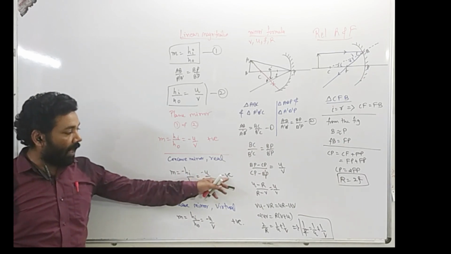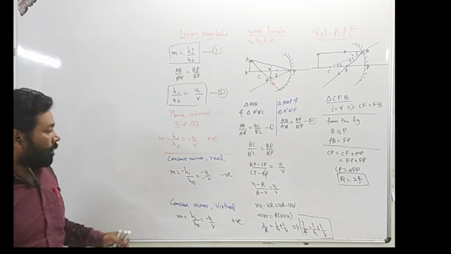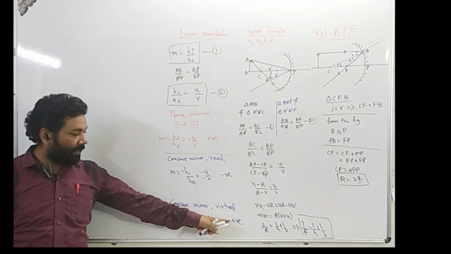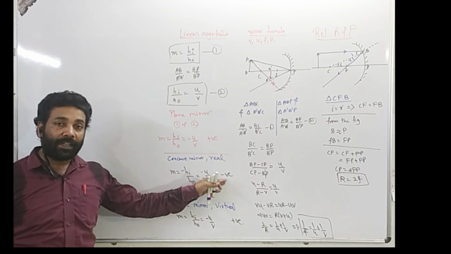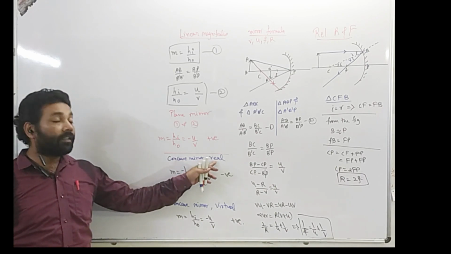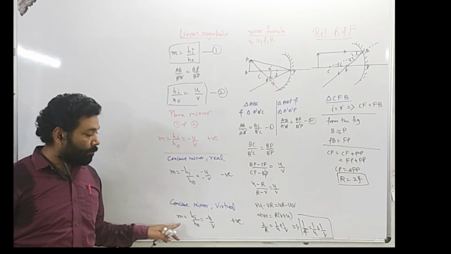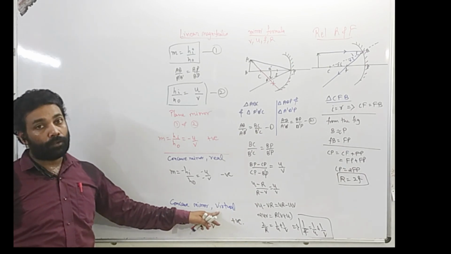So if the value of the magnification is given, from the sign you should be able to identify the case. If the sign is given as negative, you should clearly identify that it is the case of a real image. If the sign is positive, you should identify that it is the case of a virtual image.